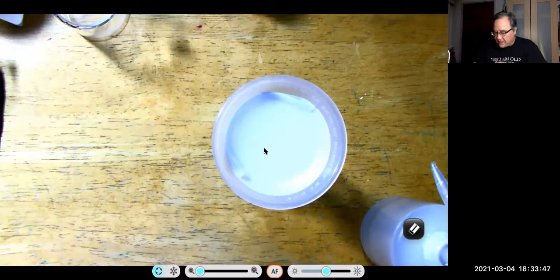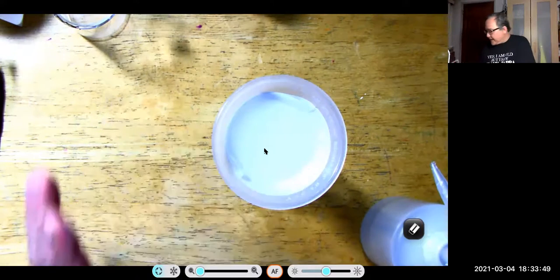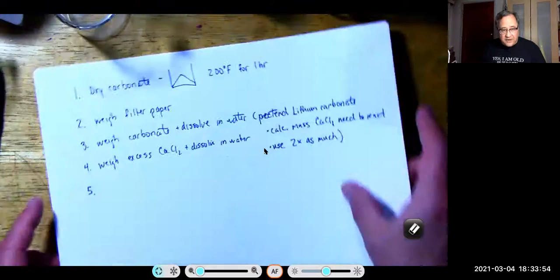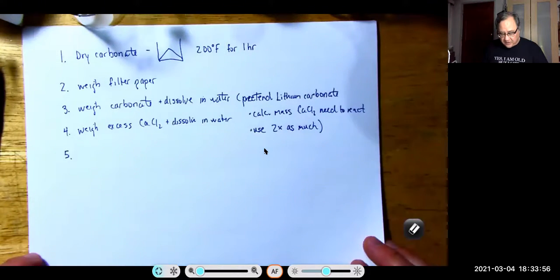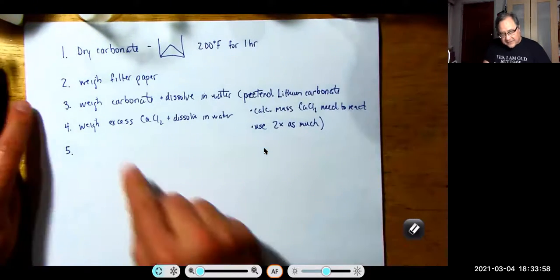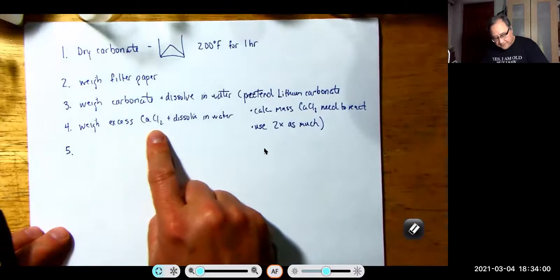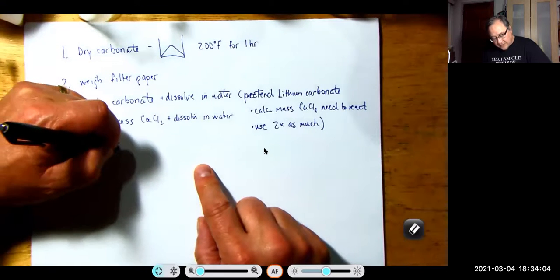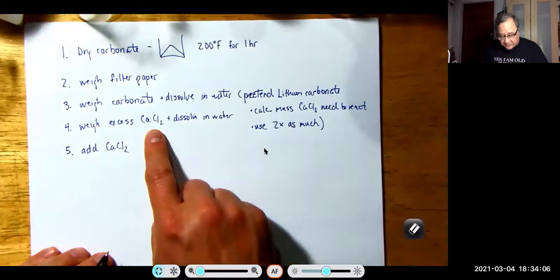So let me put this off to the side now, and let's catch up on our directions. You weigh the excess calcium chloride and dissolve in water. I said calcium carbonate, I meant calcium chloride.